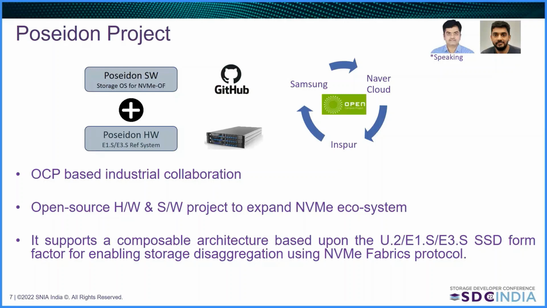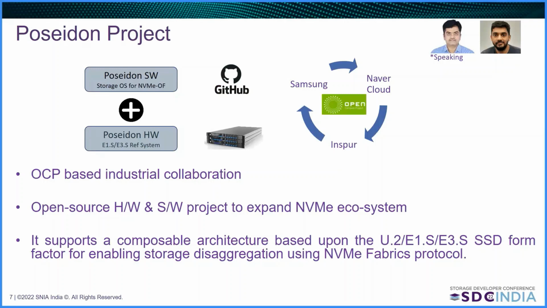Let's introduce you to the Poseidon project. Poseidon project is an open source hardware and software project basically introduced to expand the NVMe ecosystem. It is an OCP based collaboration between Samsung, Inspur, and Naver Cloud Technologies. Inspur is a server technology giant from China, whereas Naver Cloud is a cloud giant from South Korea.